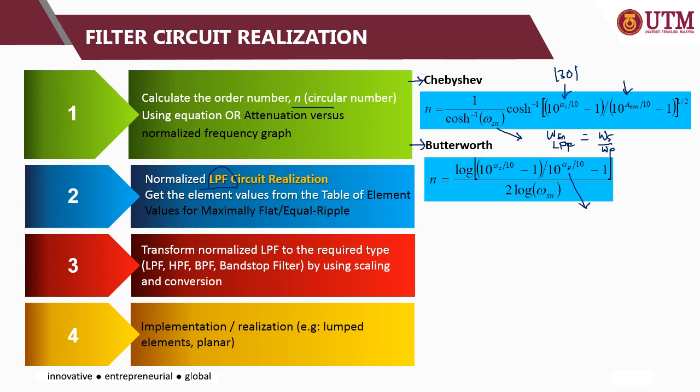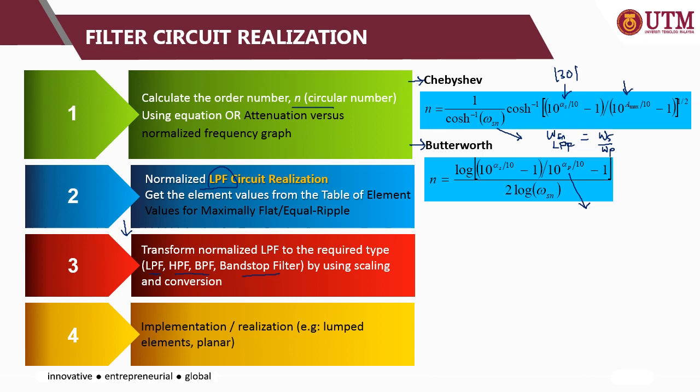Okay, next, the third step. From the second step, you have the normalized circuit in low pass filter mode. So if the designer or the system needs other types of filter, for example, high pass filter, band pass filter, or band stop filter, or even the low pass filter itself, from step 2, you need to perform filter transformation, in which the normalized circuit in step 2 will be transformed to the final or actual circuit design by frequency and also component transformation.